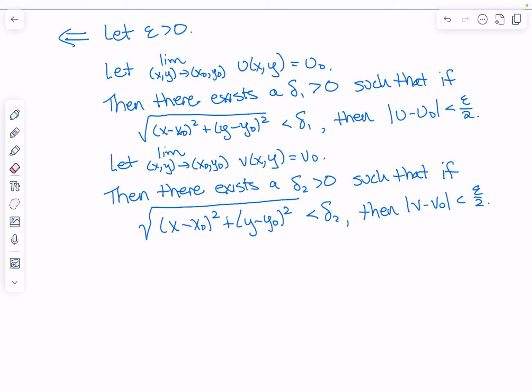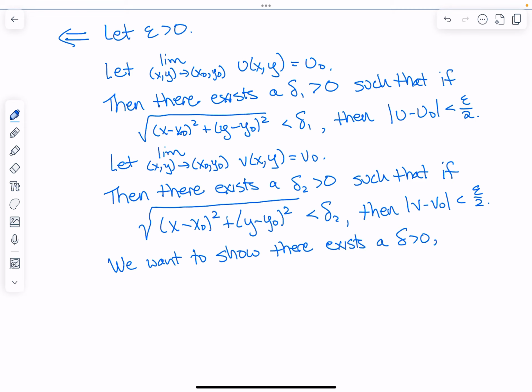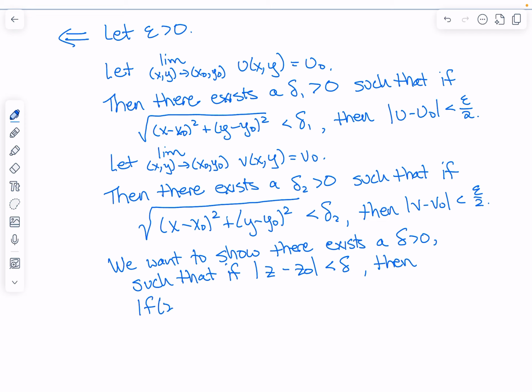And what do we want to show? We want to show there exists a delta greater than 0 such that if the modulus of z minus z0, the distance between z and z0, is small, then we have that the distance of f(z) to w0 is less than epsilon, so that is small.